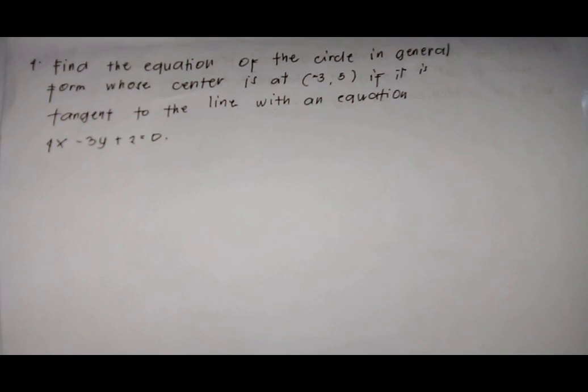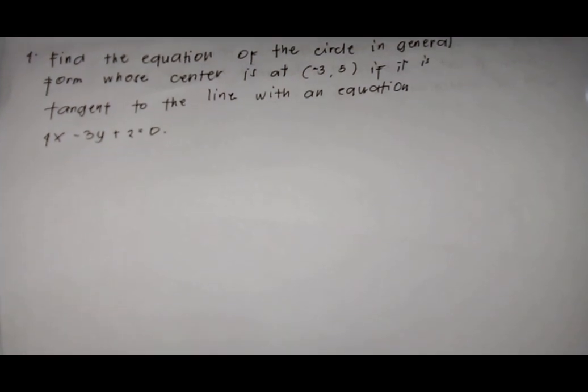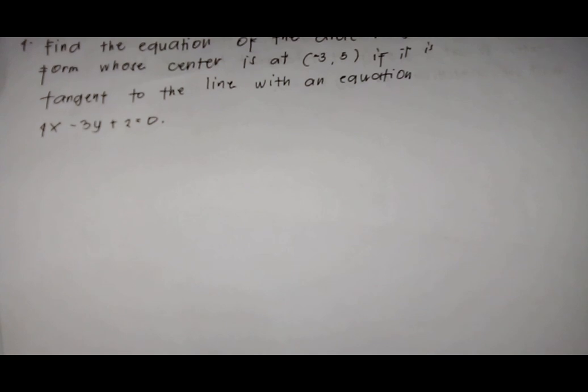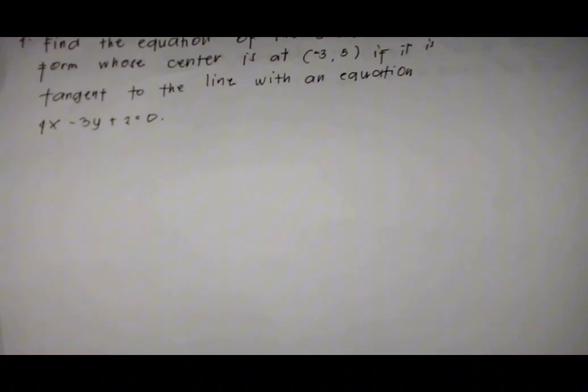So we are tasked with finding the equation of a circle in general form, given that its center is at negative 3 and 5, and it is tangent to the line 4x minus 3y plus 2 is equal to 0.